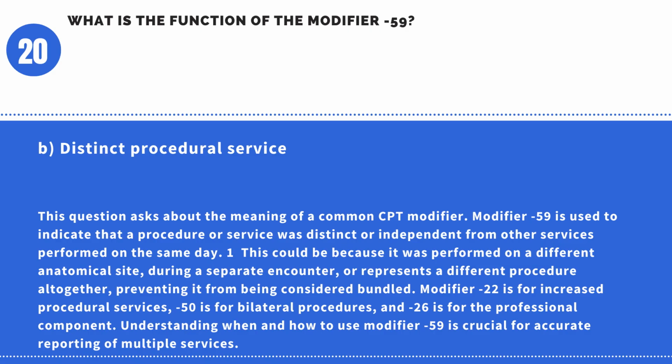This could be because it was performed on a different anatomical site, during a separate encounter, or represents a different procedure altogether, preventing it from being considered bundled. Modifier -22 is for increased procedural services, -50 is for bilateral procedures, and -26 is for the professional component. Understanding when and how to use modifier -59 is crucial for accurate reporting of multiple services.